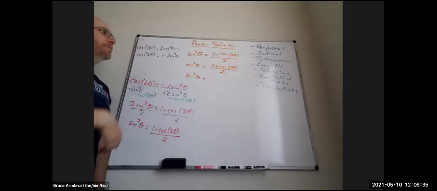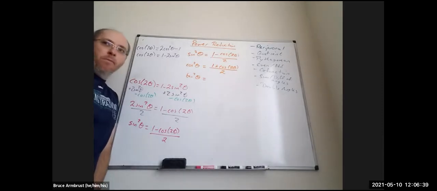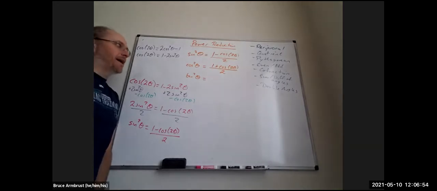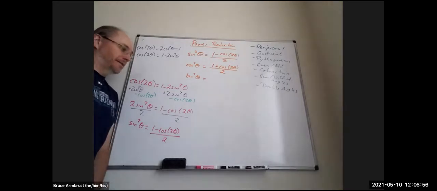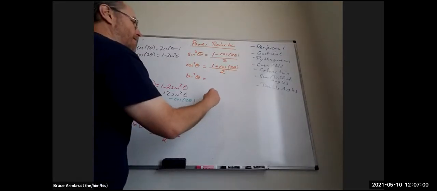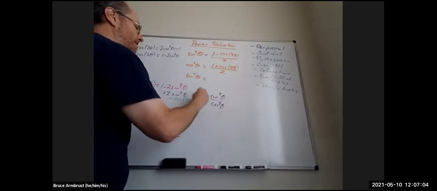All right, so there's sine and cosine. What do you think we do to get tangent squared? You've seen this trick a million times. If you know sine and you know cosine, you get tangent just by dividing them. So we're going to take the sine squared over the cosine squared.